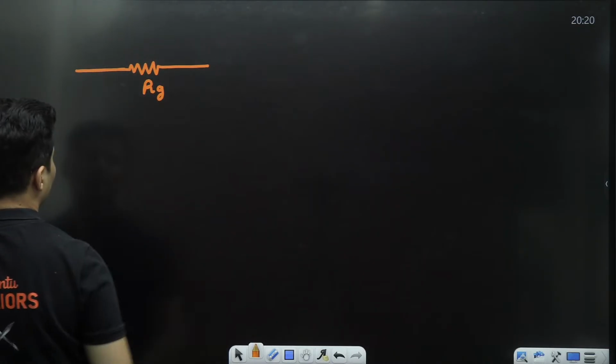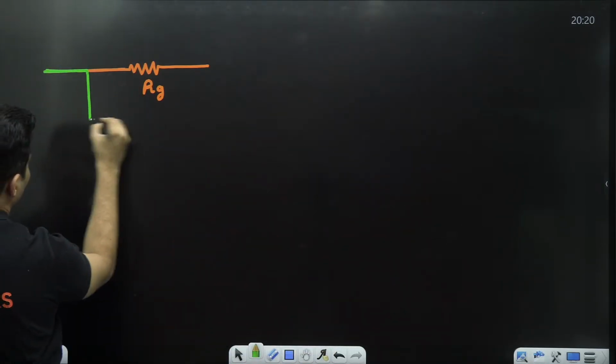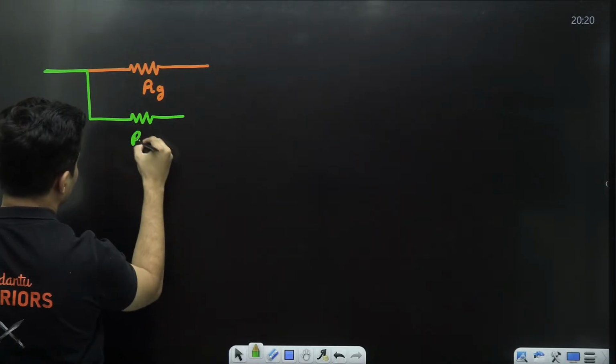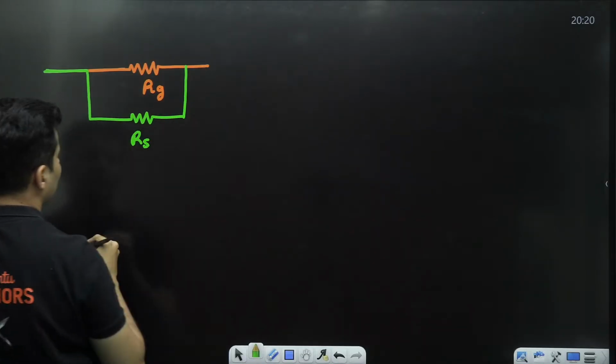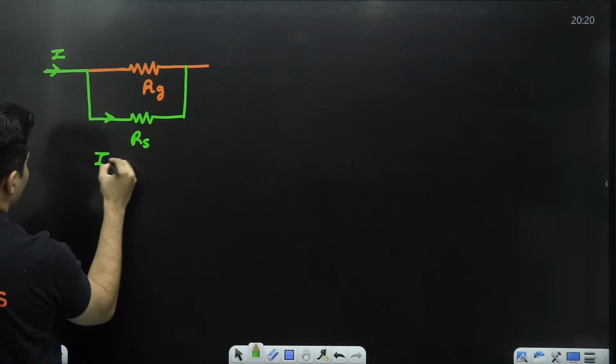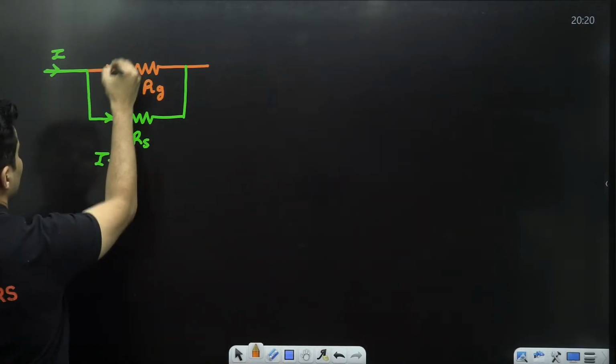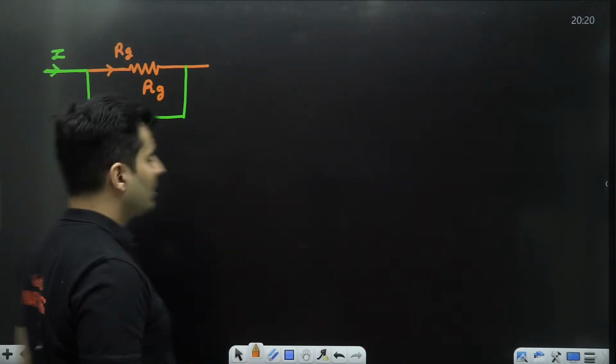This is the resistance of the galvanometer. There is some current entering. You bypassed it through a shunt resistance like this. This current was I. This is I minus Ig. Over here, this is basically Rg. That's it.